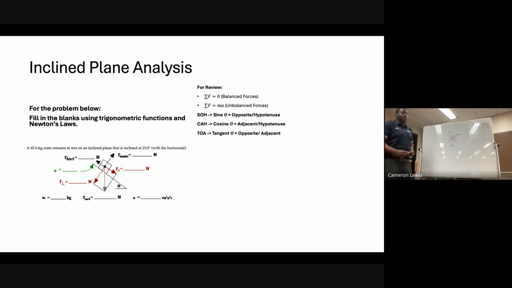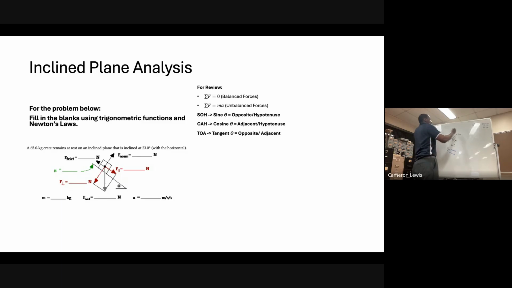Now, what can we do? Remember, we have these two equations that we already figured out. They told us that this angle that it's slanted at is 23 degrees, so it's over here, but that means it's also right here.